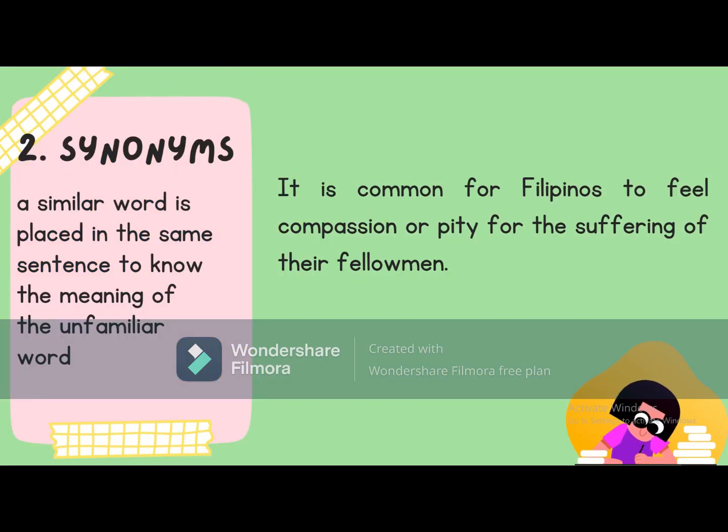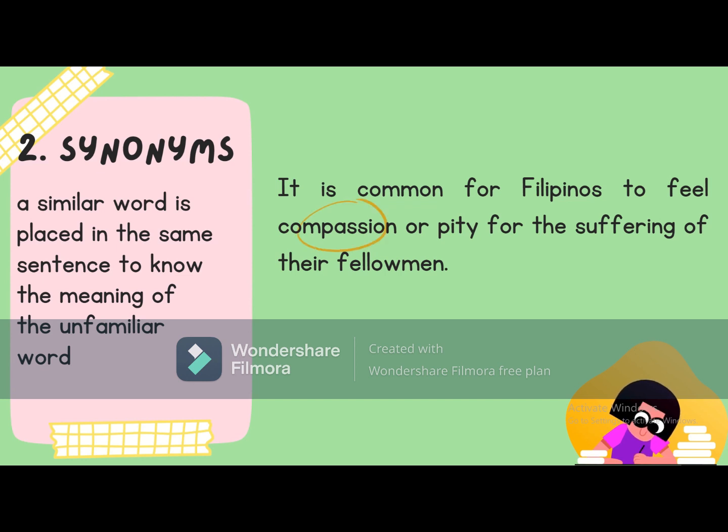Let's have the second type of context clues. We have synonyms. So synonyms, those are similar words which are placed in the same sentence to know the meaning of the unfamiliar words. So commonly, you can see a clue here which is the word or. So let's take a look in our example. It is common for Filipinos to feel compassion or pity for the suffering of their fellow men.